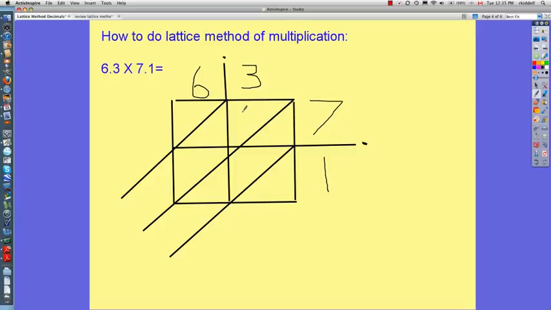So 7 times 3 is 21. Notice there's never more than one digit in each of the segments. 1 times 3 is 3. 7 times 6 is 42. 1 times 6 is 6.